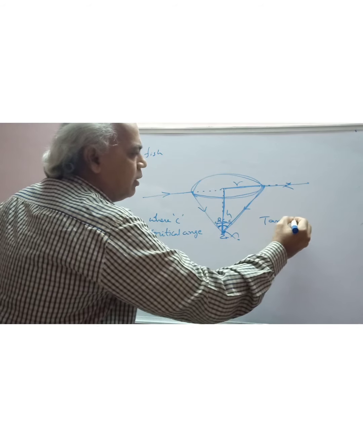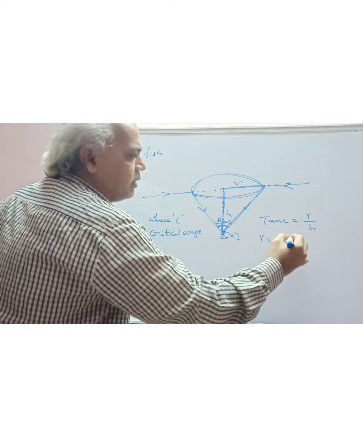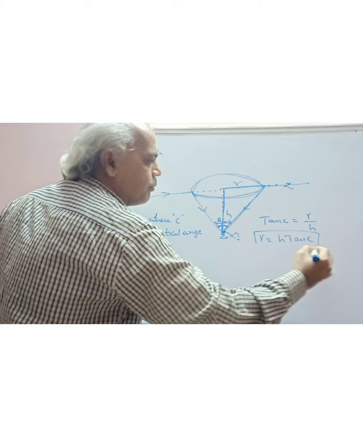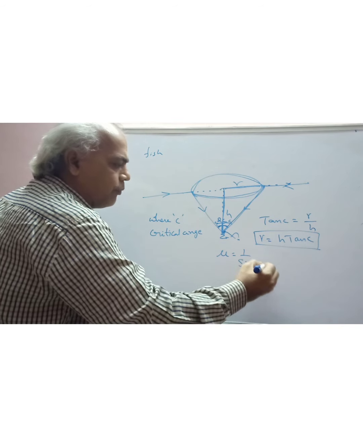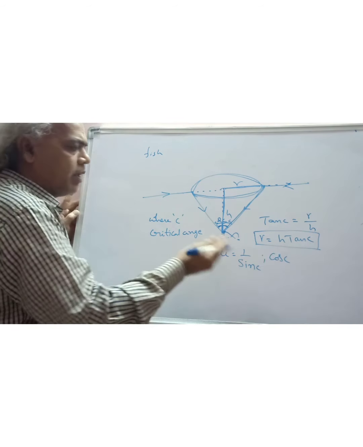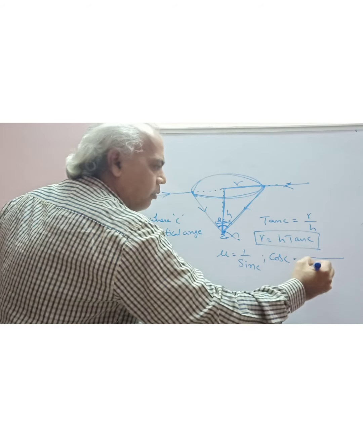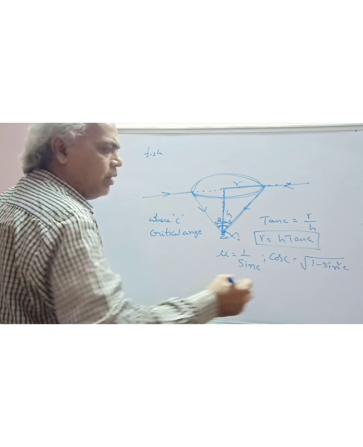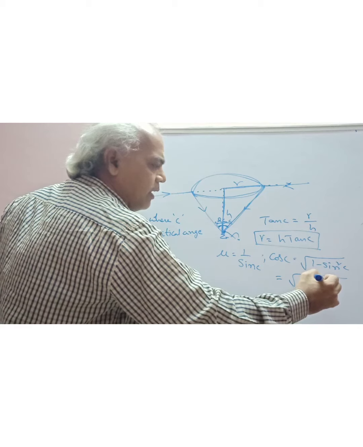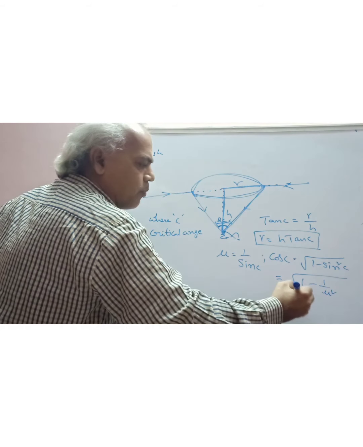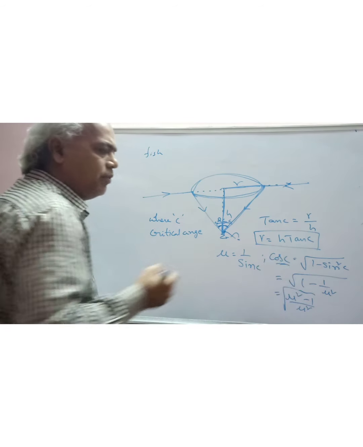Tan C is equal to R by H, and R is equal to H tan C. Also we know that mu is equal to 1 by sin C, and cos C is equal to root of 1 minus sin square C. So sin C is equal to 1 by mu, so 1 minus 1 by mu square is equal to mu square minus 1 by mu square, under square root. It is the cos C value.